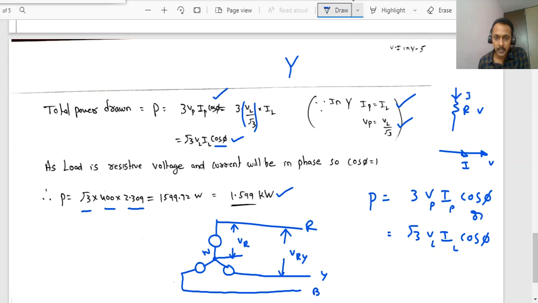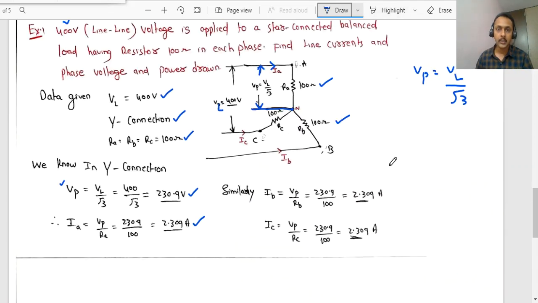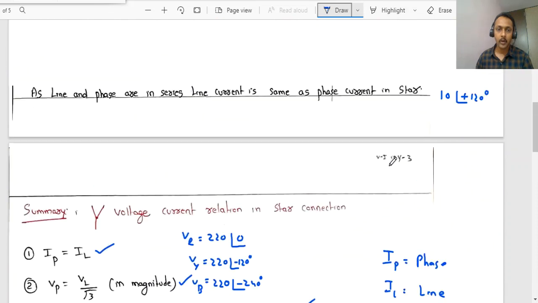In some textbooks, simply they will write VR. If you are interested, you can also write VRN between the line R and neutral. The difference between VRN and VRY is VRN is the phase voltage and VRY is the line voltage. Current wise, there won't be difference. Same current flows in the phase and also in the line. Clear? So this is what all about the voltage and current relation in the star network.